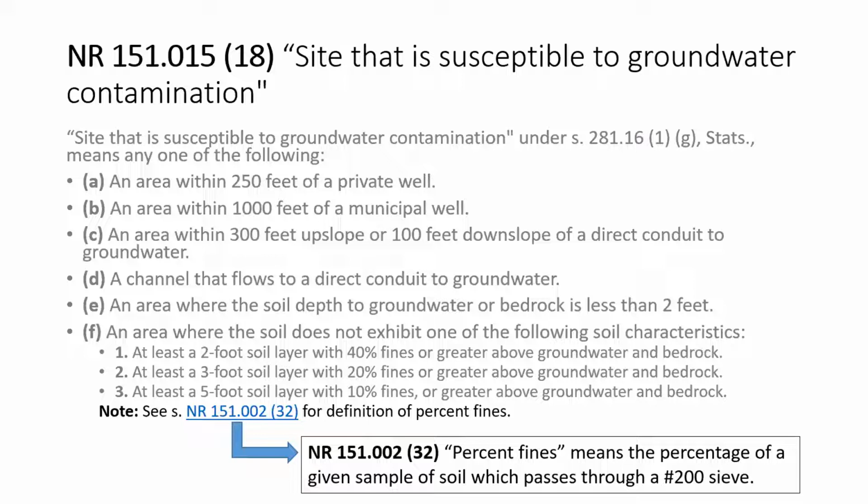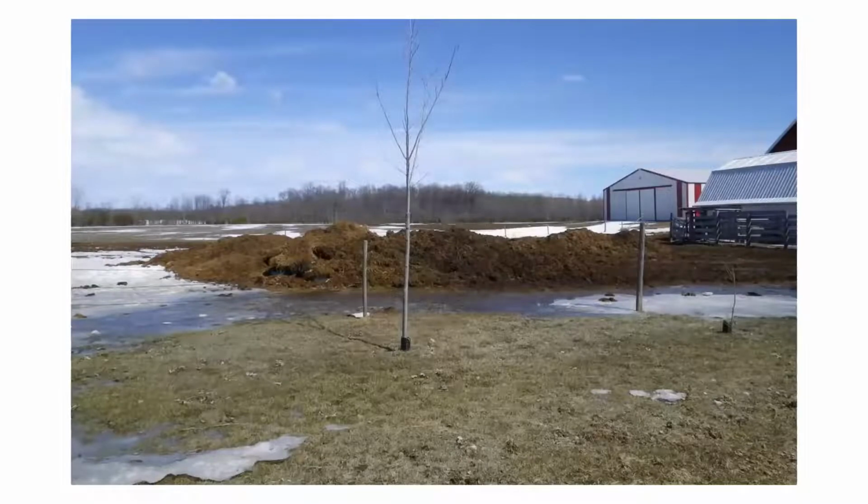So if you have a greater amount of fines, you can have a shallower amount of soil and not be a site that's susceptible to groundwater contamination. So really a lot of homework necessary to identify whether you're falling within this paragraph F.